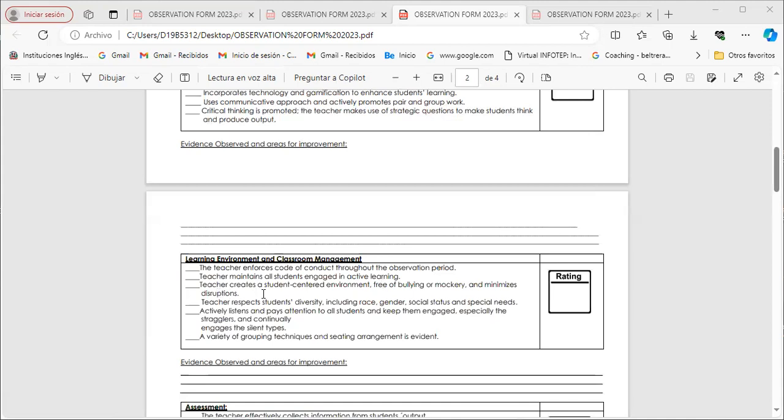If the teacher creates a student-centered environment, free of bullying or mocking, and minimizes disruptions, that means that the general sense or a specific sense of this statement is that the students are involved in active learning and they do 90% of the actions instead of the teachers trying to do everything in class.